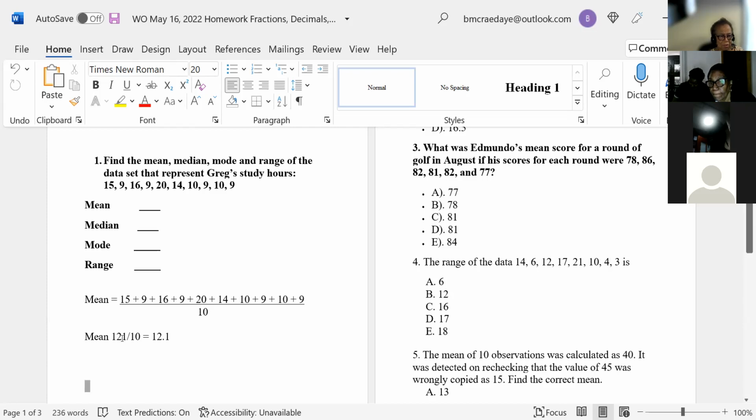That's right. You didn't actually move it to the left, 121. Michelle, to get 12.1, you're moving it to the left. Right? Because the decimal point is after the 1. Like if I put here 1, 2, 1, my decimal point is right here.